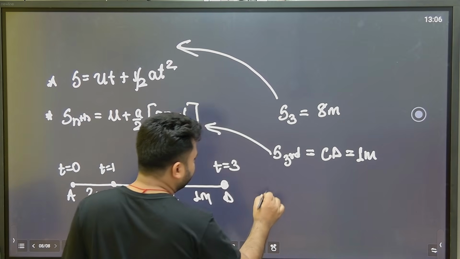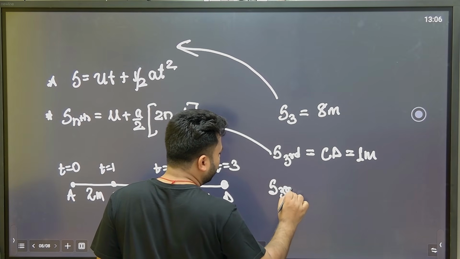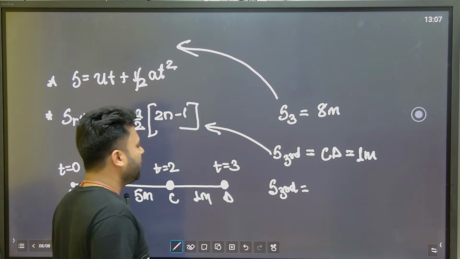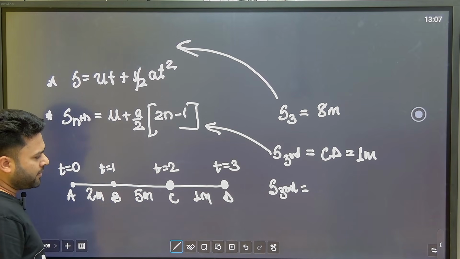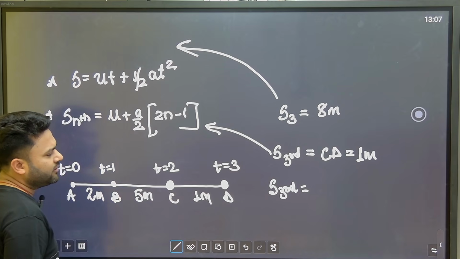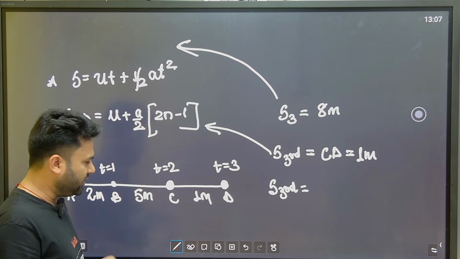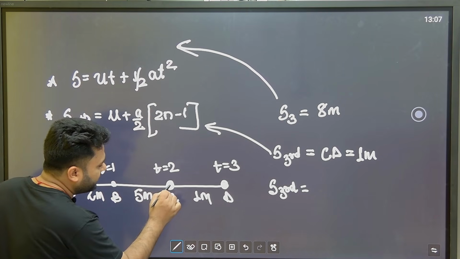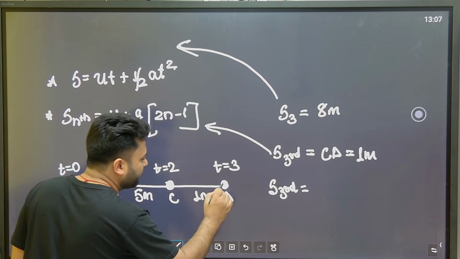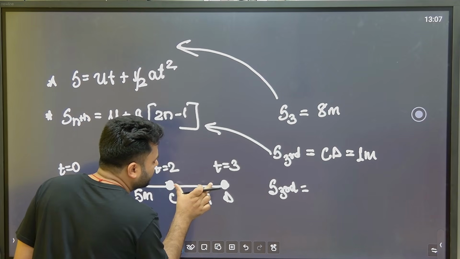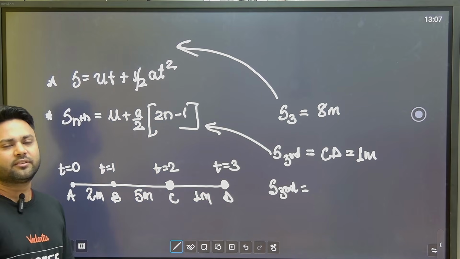So again I am saying, distance covered in third second means how much distance we have covered in the third second. Means at the end of 2 seconds you have to start focusing here, and at the end of 3 seconds, where you were, you have to focus. So this distance is the distance covered in third second.